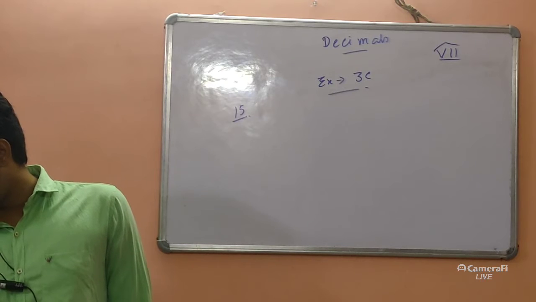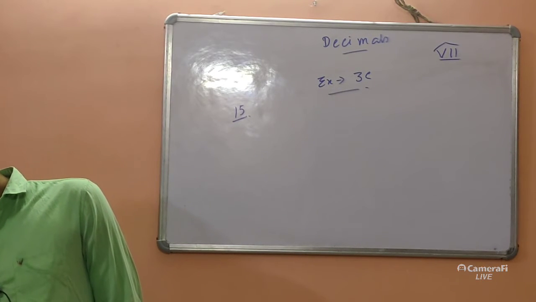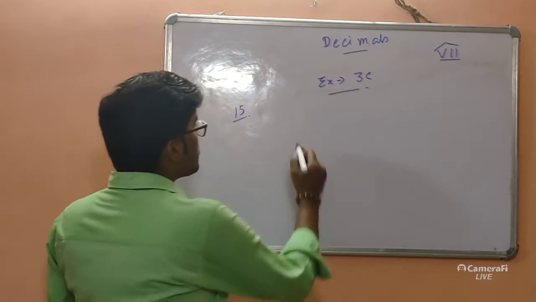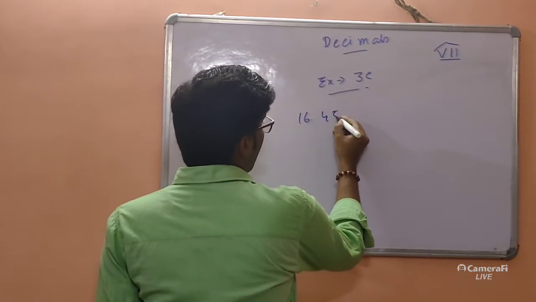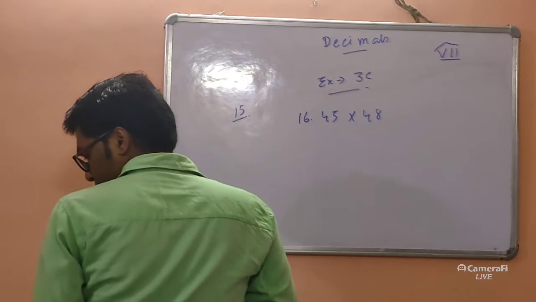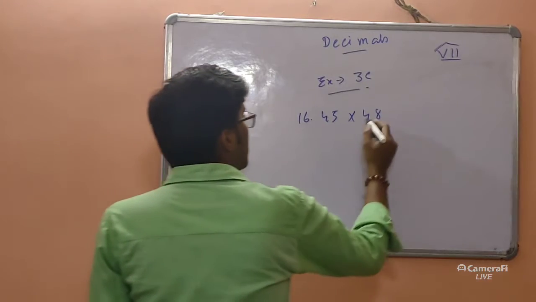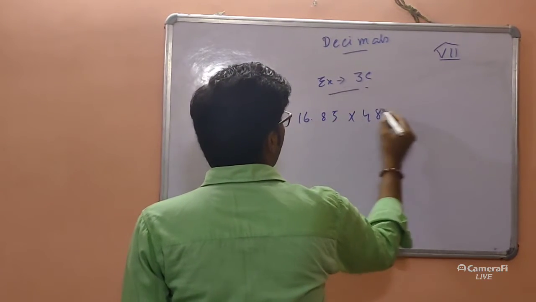Again it will be multiply, right? 16.85 into 48. This much what? 16.85 liters.